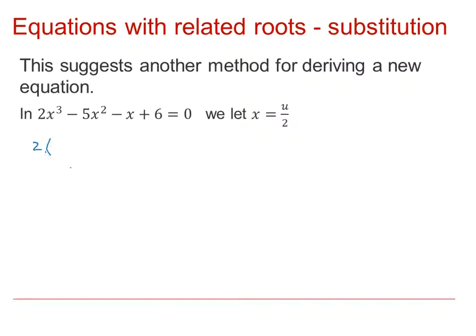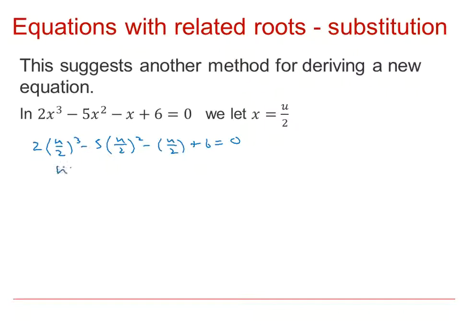So x is going to be substituted by u over 2 cubed minus 5, again the substitution, u over 2 squared minus u over 2 plus 6 equals 0.